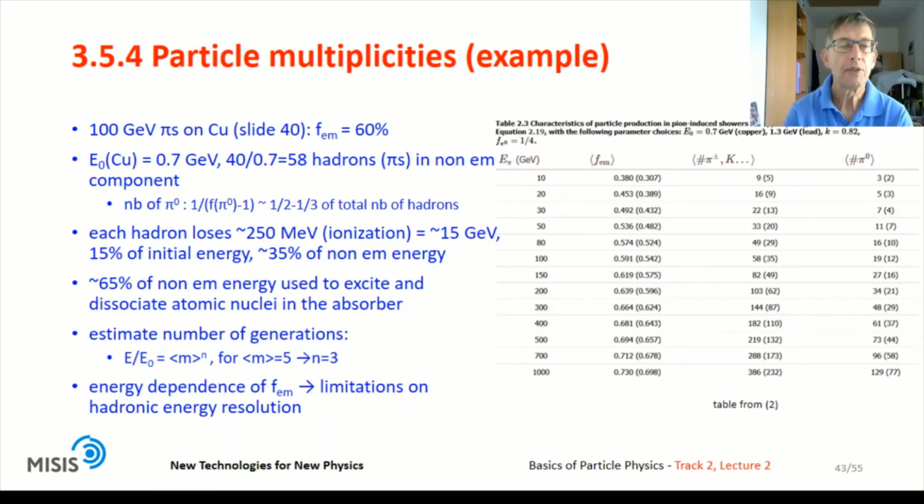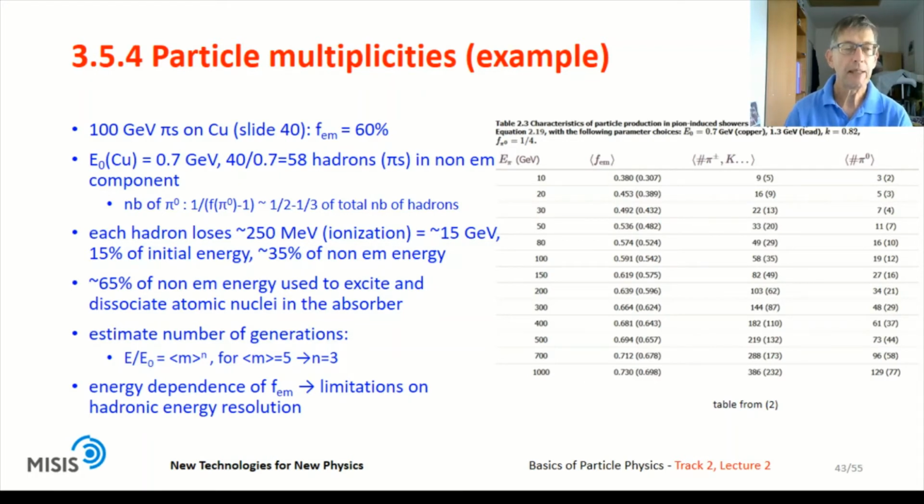And you can then see that for this particular case, if you look at the table at 100 GeV, that is 19 pi zeros. The hadron loses ionization energy, which is 15% of the initial energy, and 65% of the non-electromagnetic energy is used to excite and dissociate atomic nuclei in the absorber. We'll come back to that a little later.